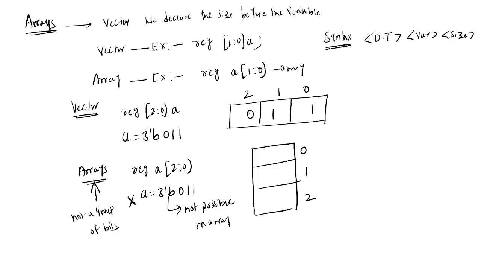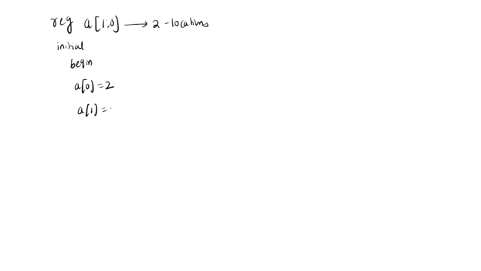Suppose as an example I am considering range a [1:0]. How many locations will form? Two locations. I am using begin, a of 0 equal to 2, and a of 1 equal to 3, end module.